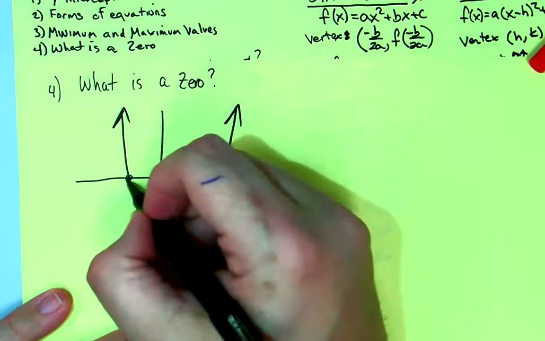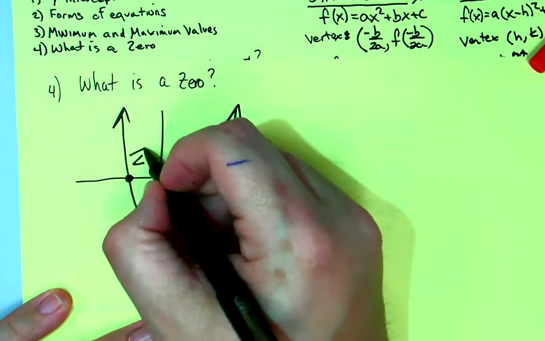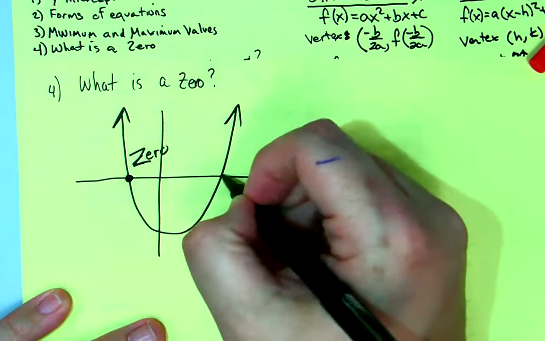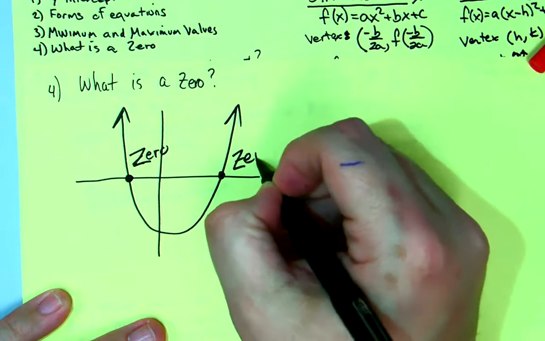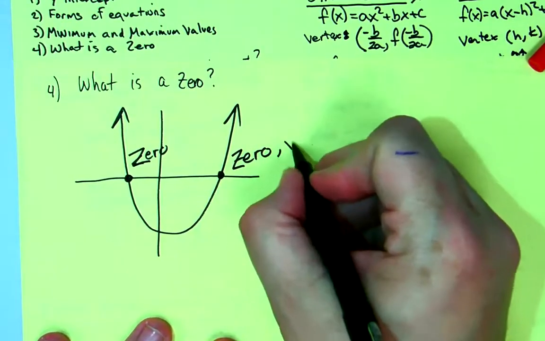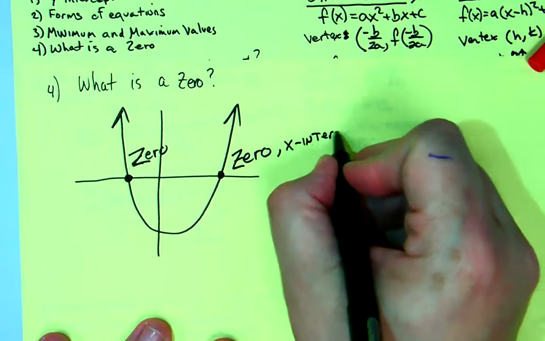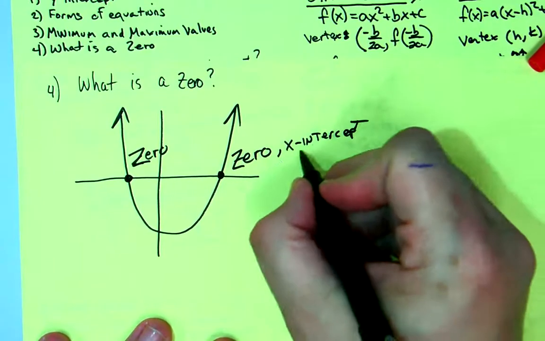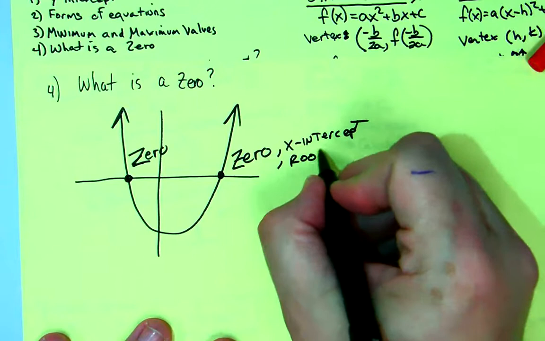Simply put, a 0 is an x-intercept. But it's also called a root.